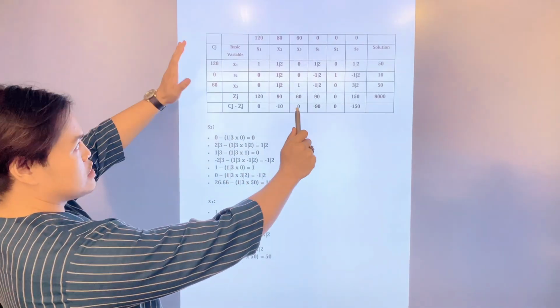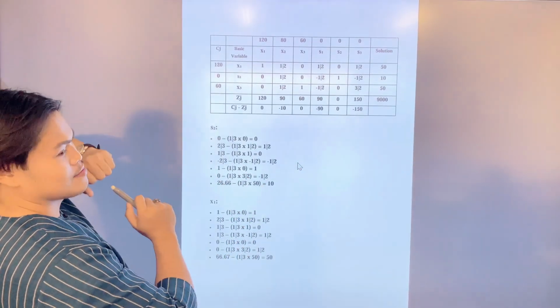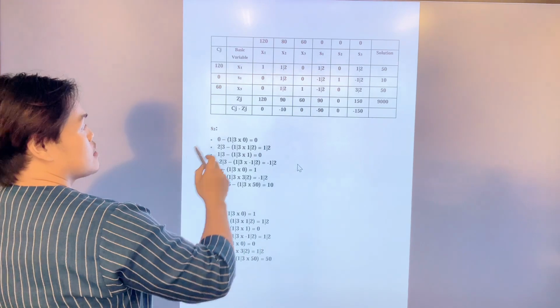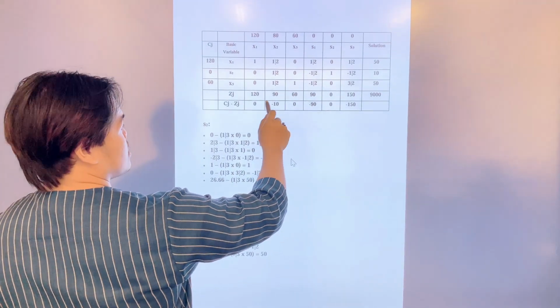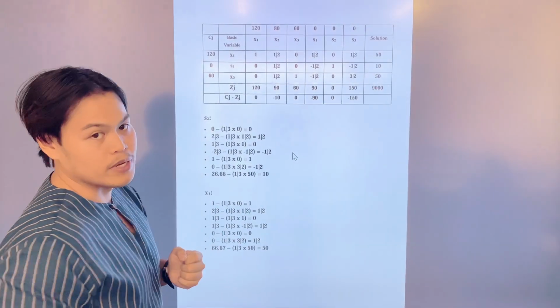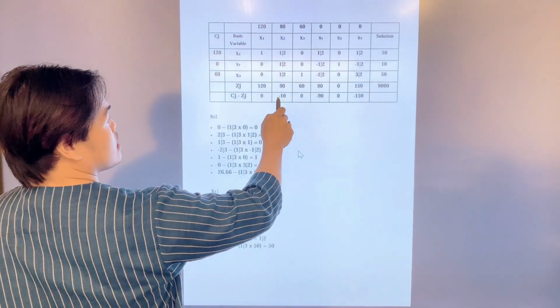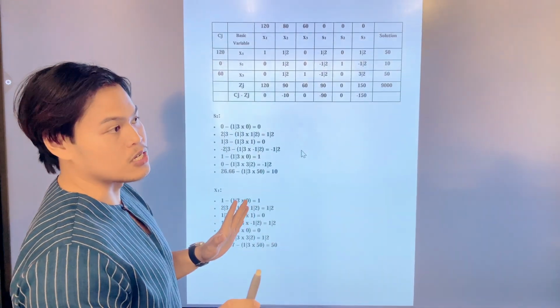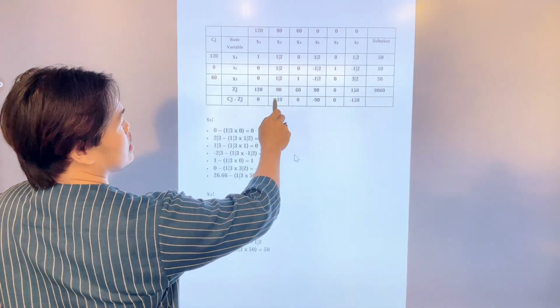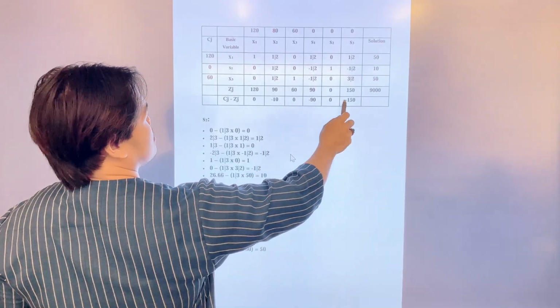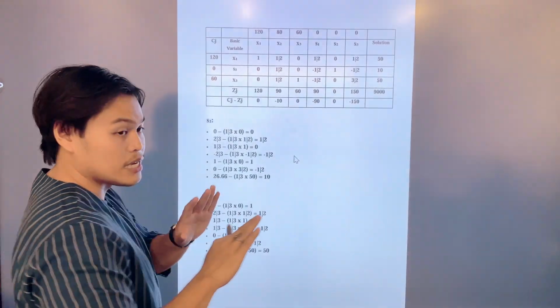Okay, we can see at this table, it's already optimal and no need to modify because they are all less than 0. As you can see, it's negative 10, negative 90, negative 150, so it's optimal.